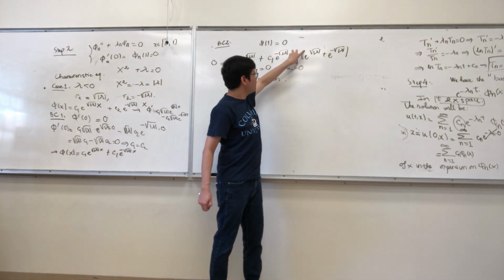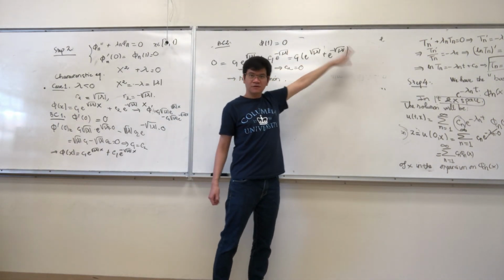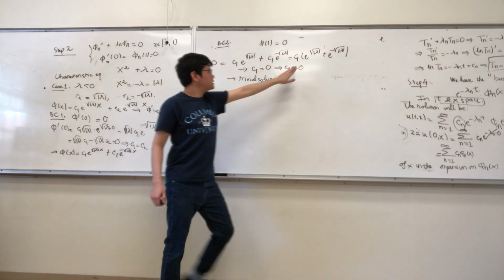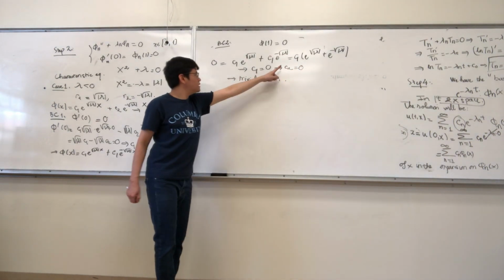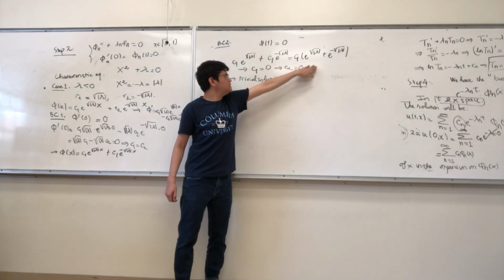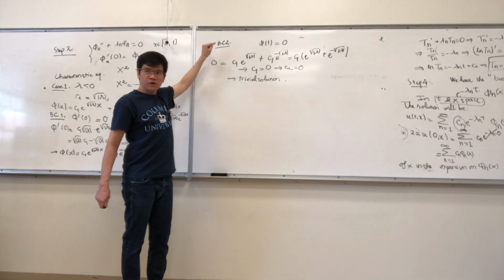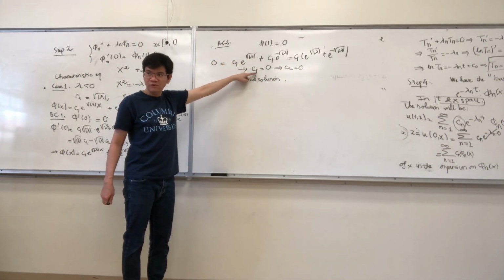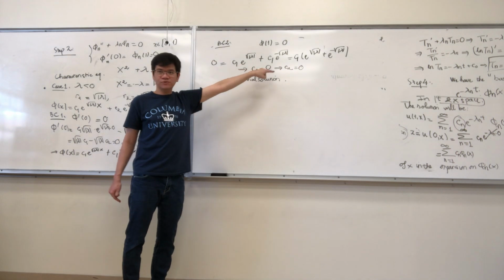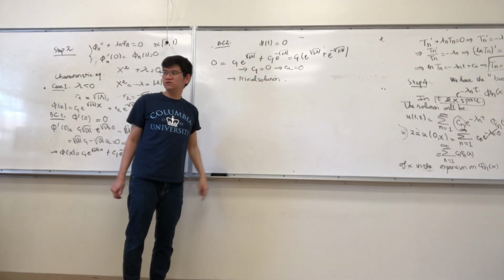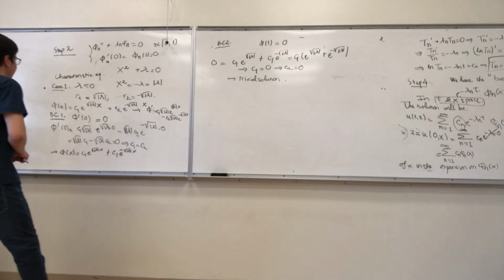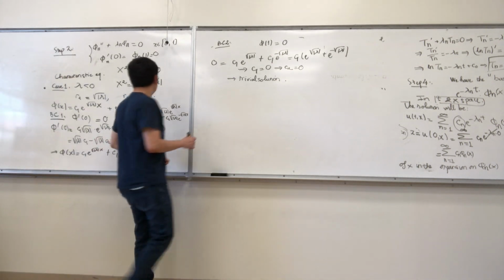You put C1 as a common factor, right? This is a positive term, so because this is equal to 0, you obtain that C1 is 0. Because C1 is 0, C2 is also 0, and you have a trivial solution. So there are no eigenvectors in this case.